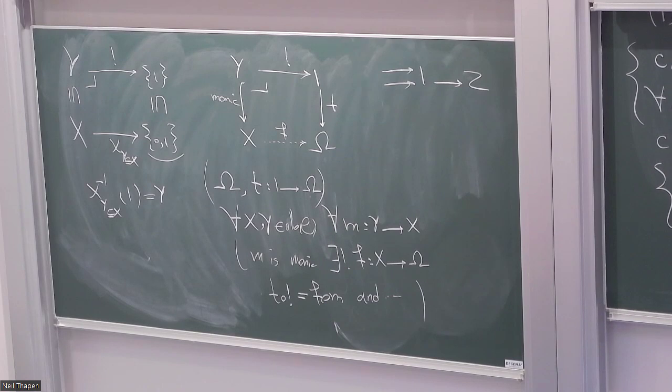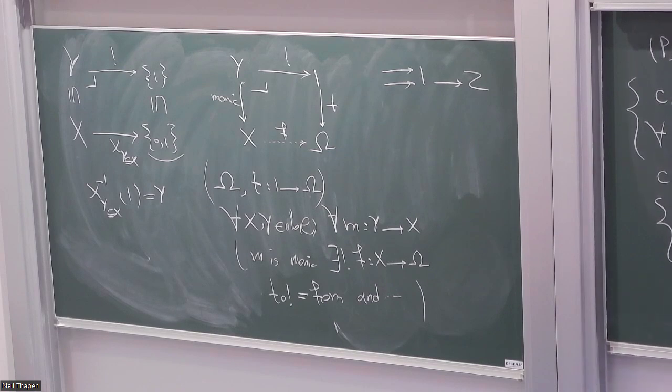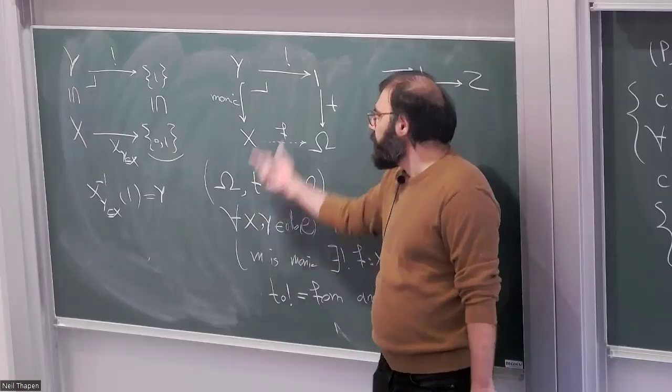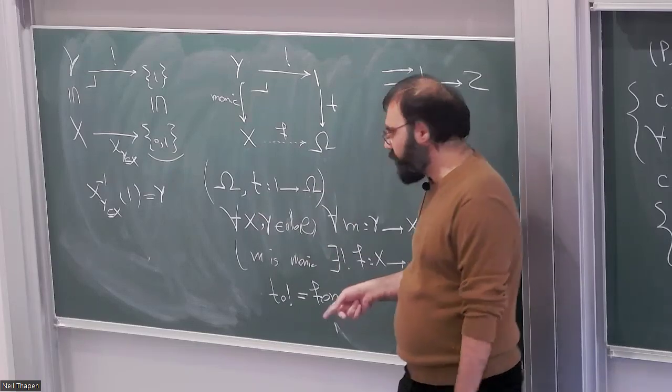The first axiom was the existence of finite limits, then the existence of exponential objects, and then the existence of the sub-object classifier. This guy is a sub-object classifier, so this is the definition of it, and the third axiom is the existence of this.